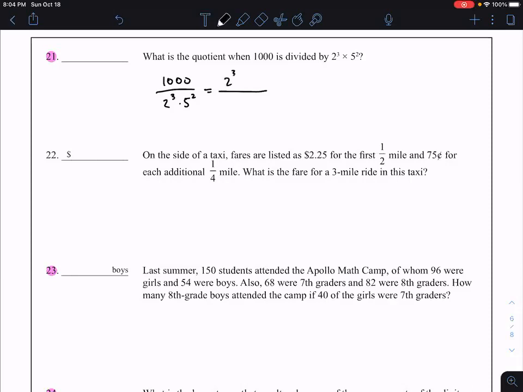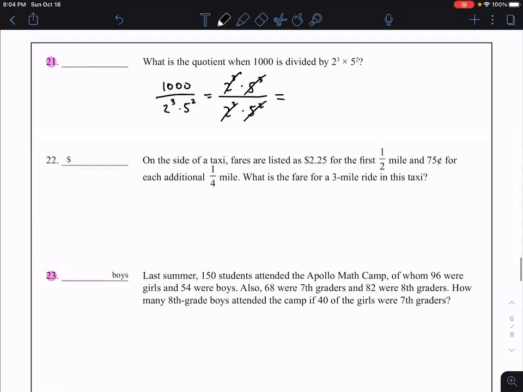And that is 2 cubed times 5 cubed over 2 cubed times 5 squared. And now you can do some simplifying. You can get rid of the 2's, and you can get rid of the 5 squared. And then you'll just be left with 5. And that is your answer.